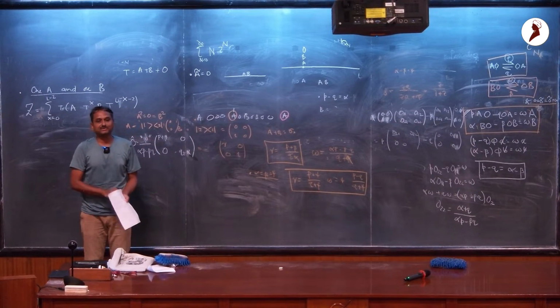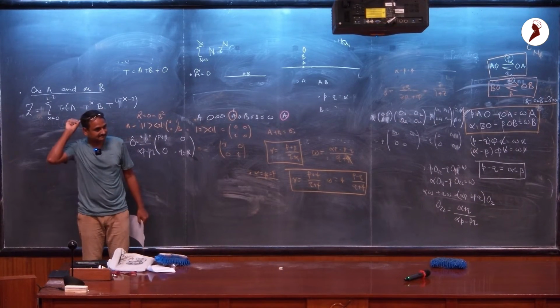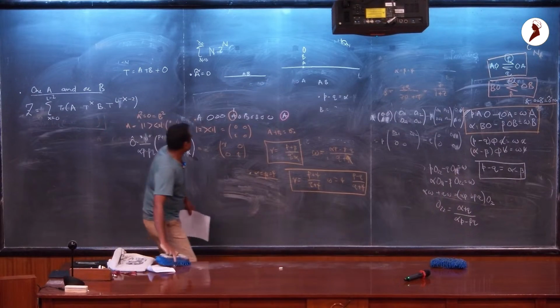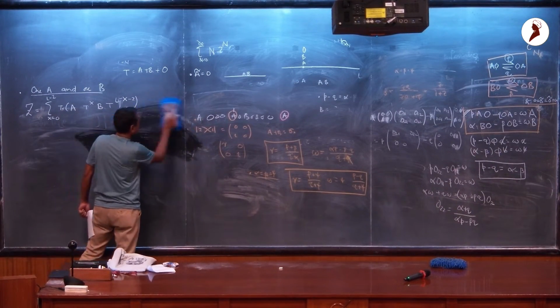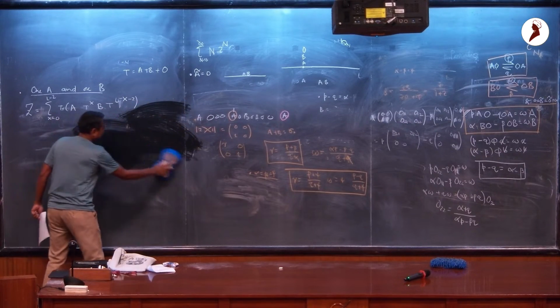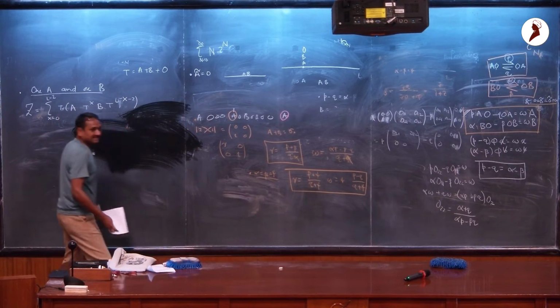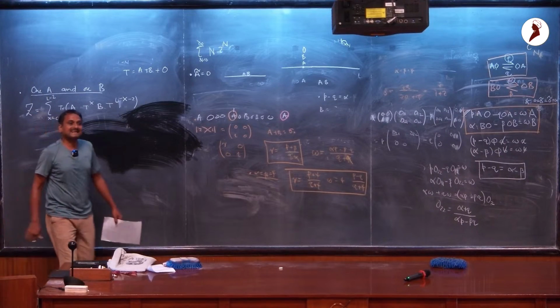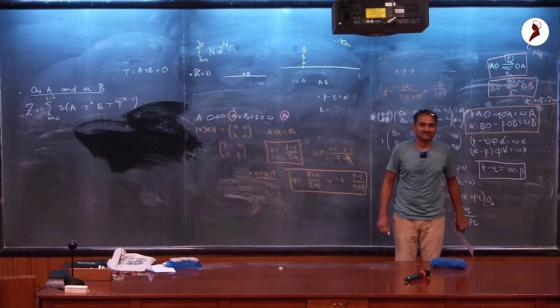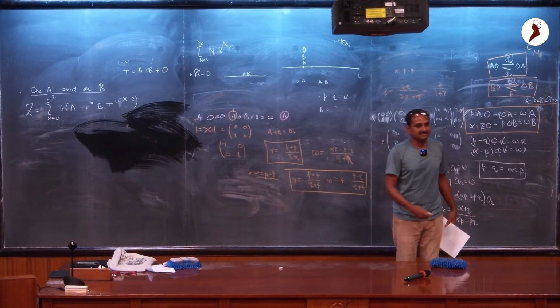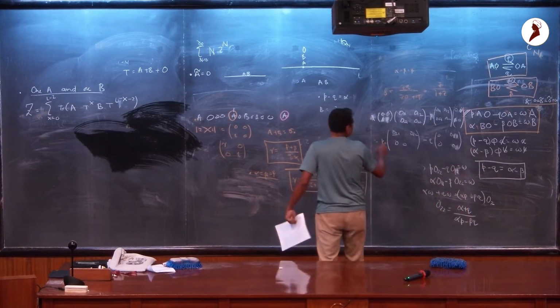Now let us try to figure out what is the current. So what is the current in the problem now? Let us take the current of B. So the B current is just psi.